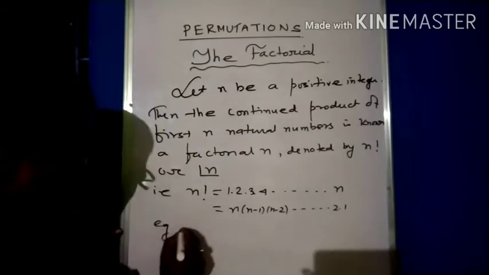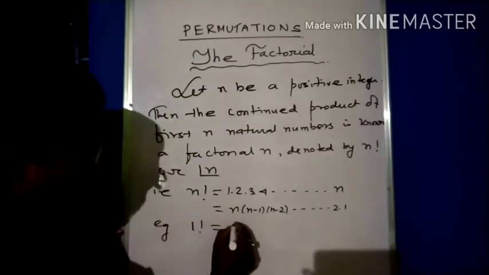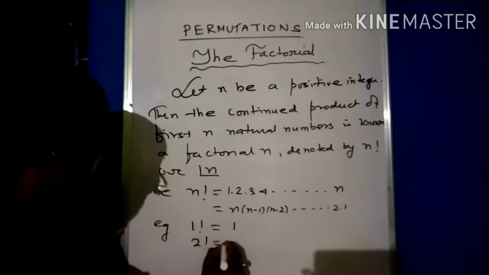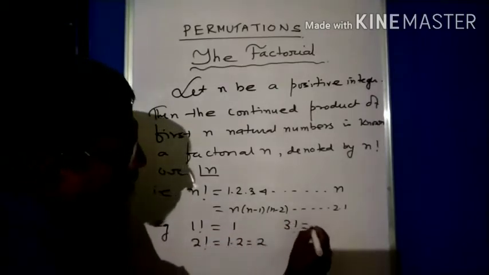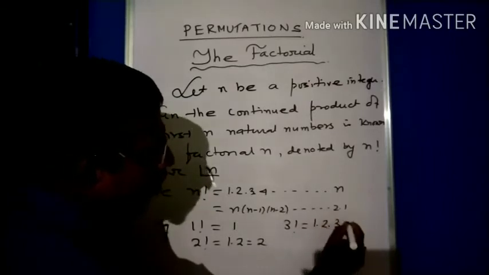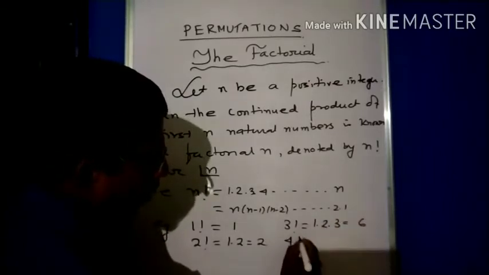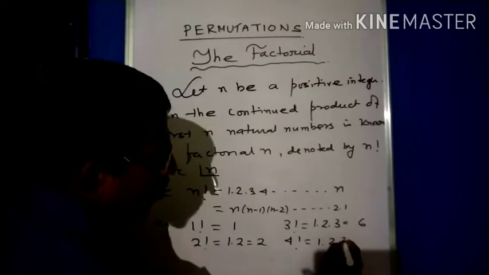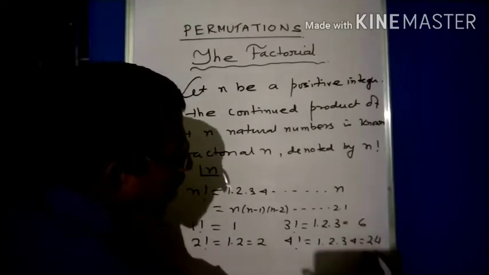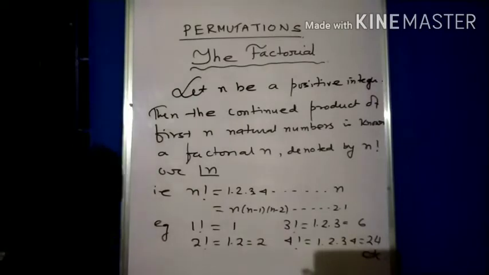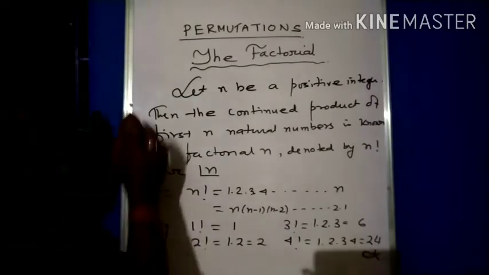As for example, factorial 1 is 1, factorial 2 is 1 into 2 equal to 2, factorial 3 is 1 into 2 into 3, 6, factorial 4 is 1 into 2 into 3 into 4, it will be 24, etc. It goes like that. So that is factorial n.